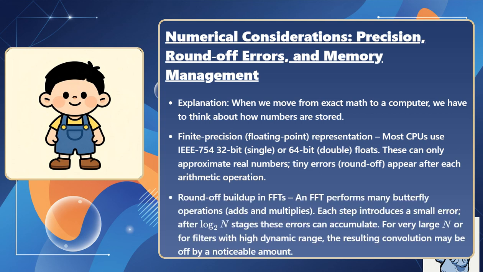Round-off buildup in FFTs: an FFT performs many butterfly operations, adds and multiplies. Each step introduces a small error. After log base 2 of n stages, these errors can accumulate. For very large n, or for filters with high dynamic range, the resulting convolution may be off by a noticeable amount.